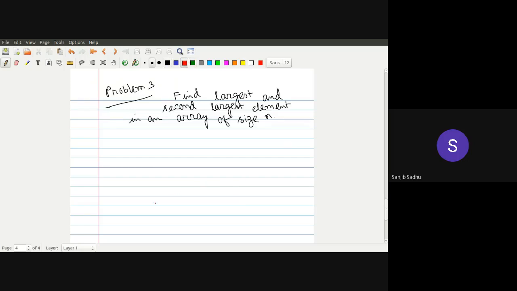Suppose these are the elements in this way. Now what you will do, you compare. These are all the elements, say a1, a2, a3, a4, in this way.